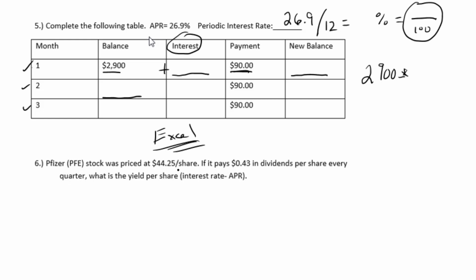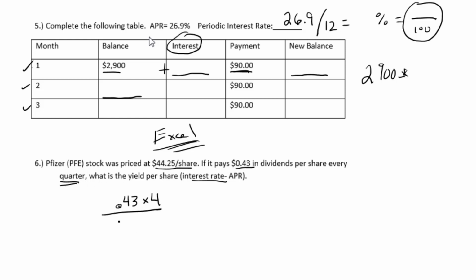So it says here the Pfizer stock was priced at $44.25 a share. It pays 43 cents in dividends per share every quarter. What is the annual percentage rate? This is a little tricky, but what this is, you're getting 43 cents 4 times a year, because there's 4 quarters in a year.